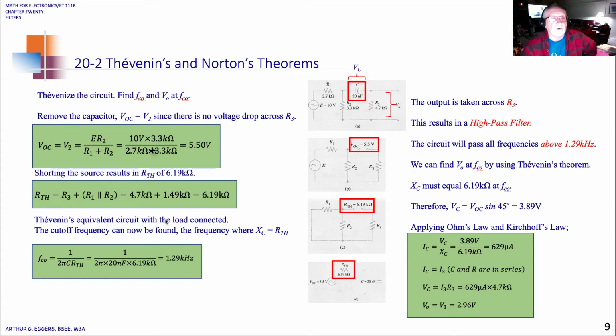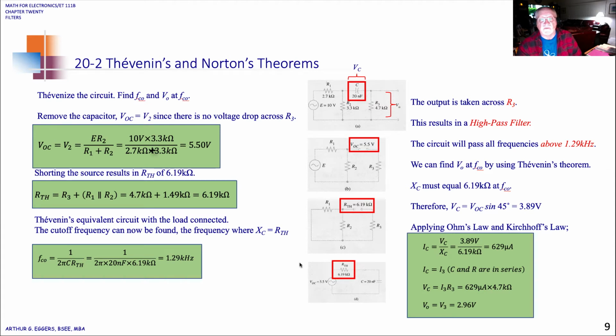With the Thevenin's equivalent circuit and the load connected, the cutoff frequency can be found, and the cutoff frequency becomes the point where X sub C equals our Thevenin resistance. So we've reduced it down to our Thevenin resistance and the load capacitor.